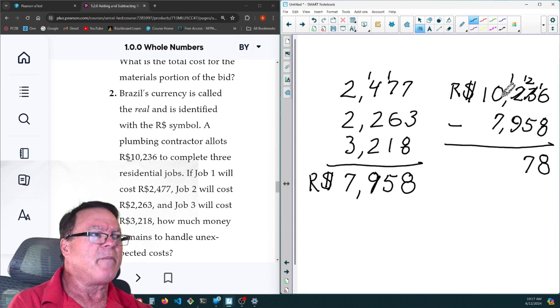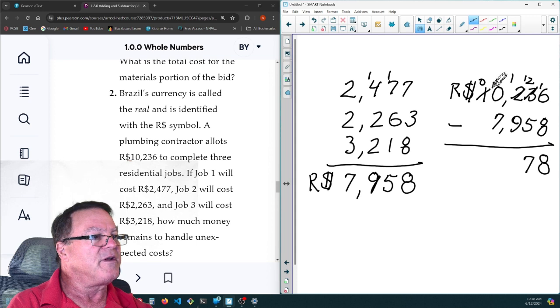If I don't have anything in my bank account, I can't cash a check. If I don't have any money in my wallet, I can't buy a sandwich or a soda. So I'm going to have to go to the 10,000s, and I'm going to borrow that 1 from the 10,000s, and I'm going to put it in the 1,000 slot. Now I have 10 in the 1,000 slot, and 10 minus 7 equals 3.